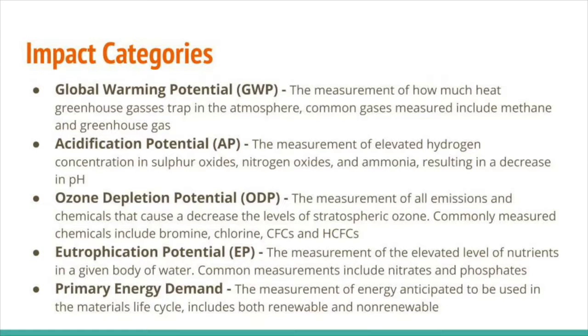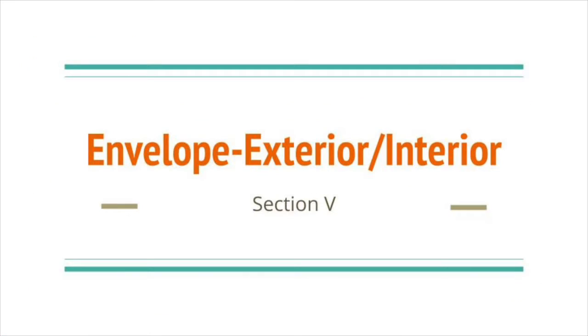Another one is EP, eutrophication potential, the level of nutrients in a given body of water. Primary energy demand is the measurement of energy demand of the product. It is an important one. By using software, we can analyze and calculate those impact categories. Slide 11, Envelope Exterior Interior, Section 4.